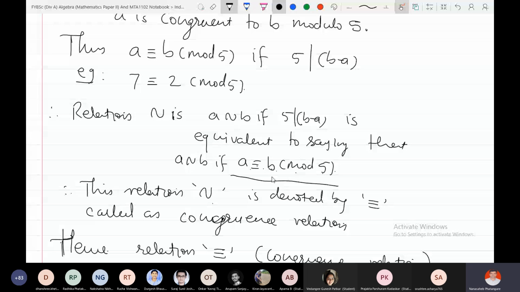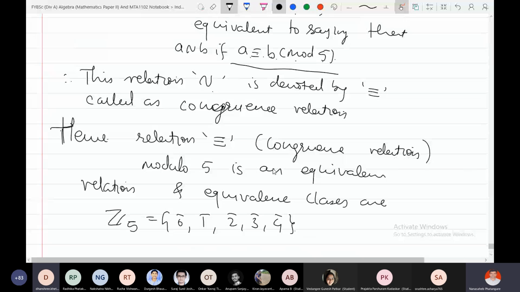Okay, so is there any doubt or confusion? Sir, is it necessary that the relation should be an equivalence for a congruence relation?